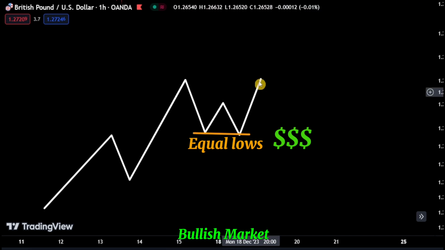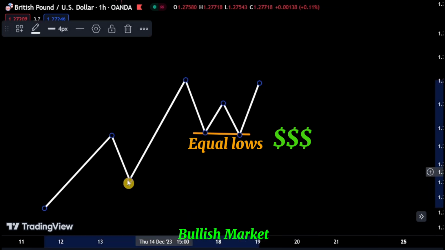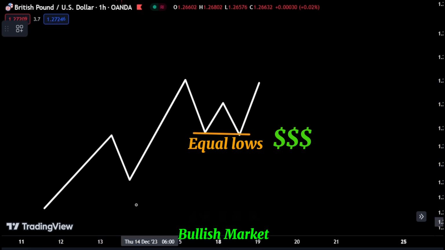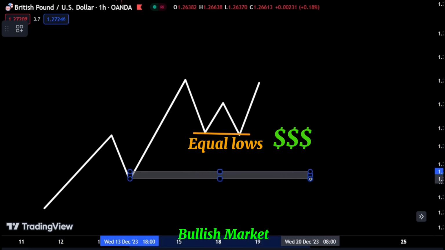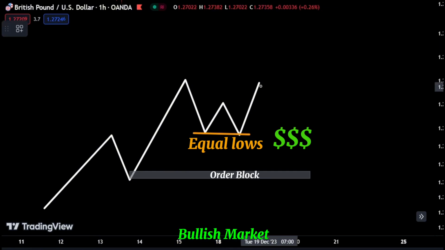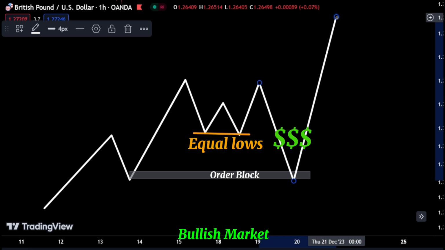But for we, the smart money concept traders, we are looking at the order block which we have right here. What we are waiting for the market to do is to come and grab the liquidity line below this area. Then we can target the highs. Hope you understand that.